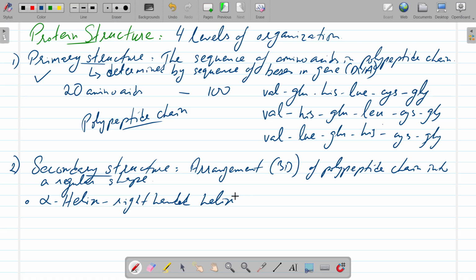And it is such that it forms a coil. Right, that's what it looks like. And you've got the peptide bonds that form the backbone of the helix.